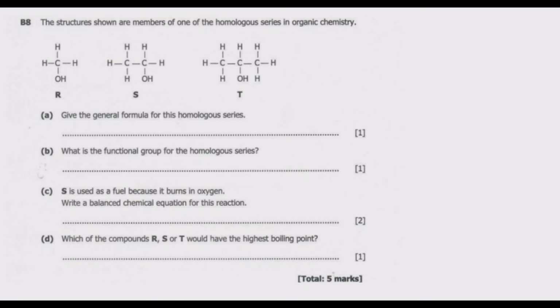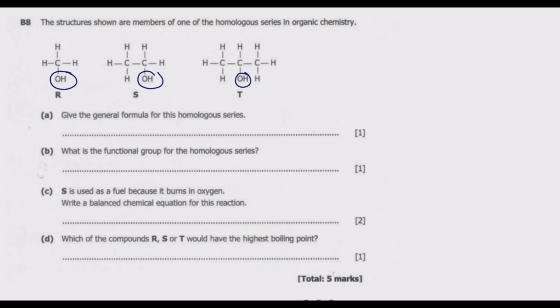The structures shown are members of one of the homologous series in organic chemistry. Question A. Give the general formula for this homologous series. If you look at R, S, and T, they have something which is common. And what is common in this case is the hydroxyl functional group.